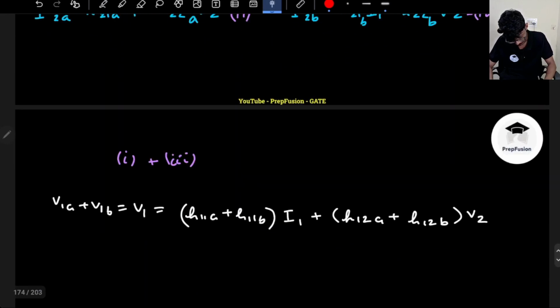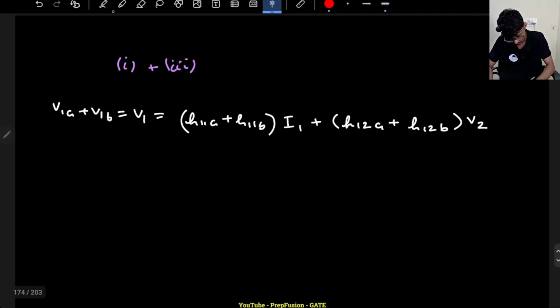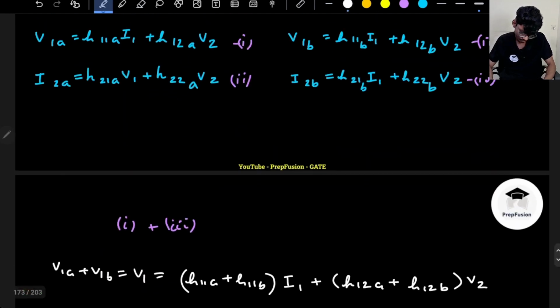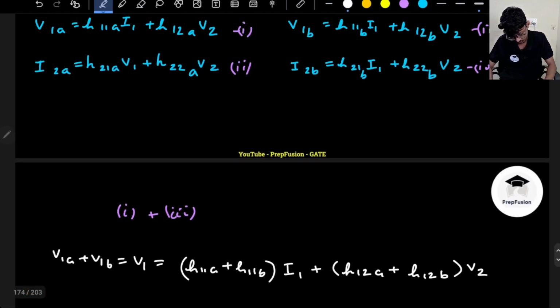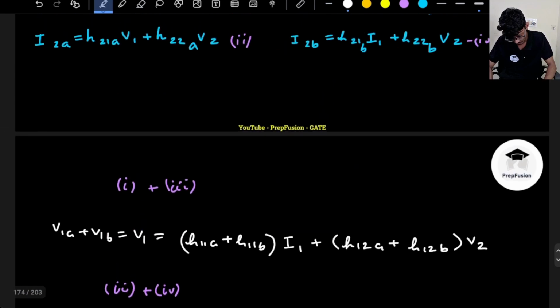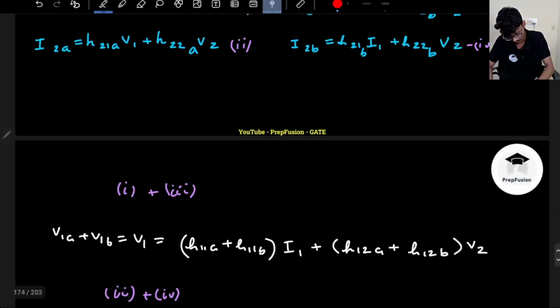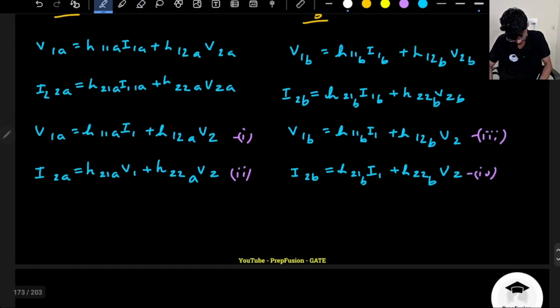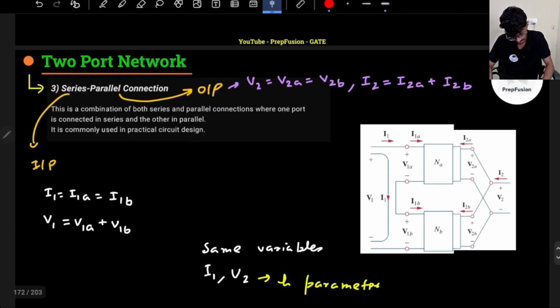And this is basically my first equation. In the other equation, if I add my 2 and 4, this will be I2A plus I2B, this will be equals to the addition. What is the addition of I2A and I2B?